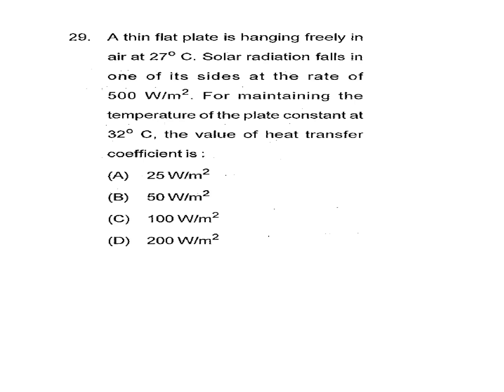Thin flat plate hanging freely in air, so T infinity is 27 degrees Celsius. Solar radiation Q by A is 500 watt per meter square. Plate temperature Ts is 32 degrees Celsius.